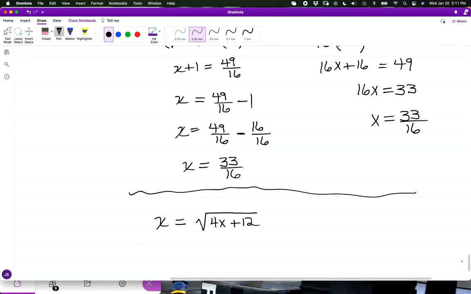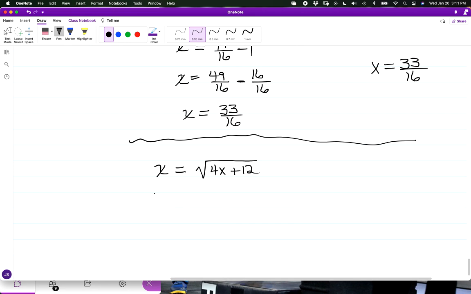Now if I square both sides, on the left side I have x squared. To the right, we have 4x plus 12. If you notice, we have a quadratic equation that is established.